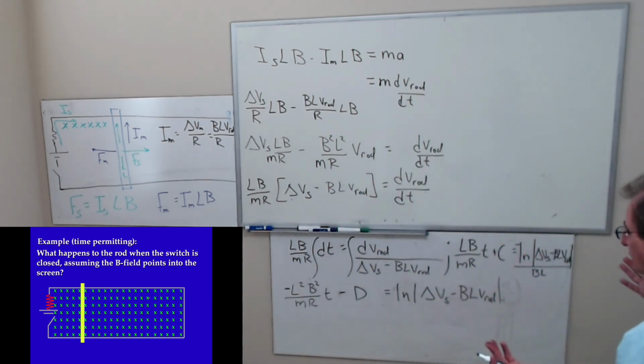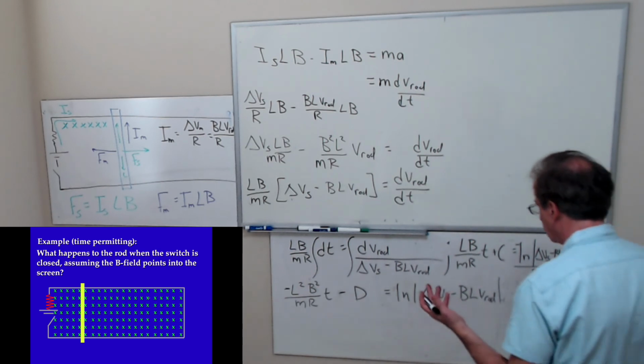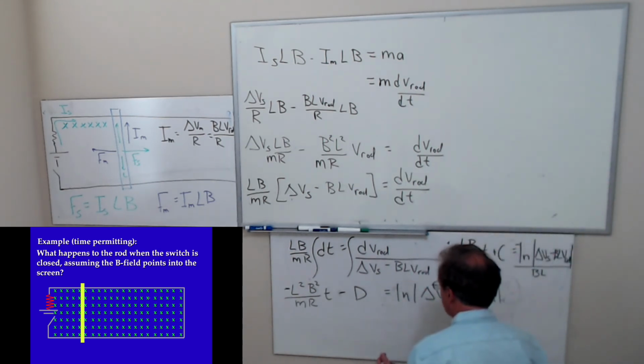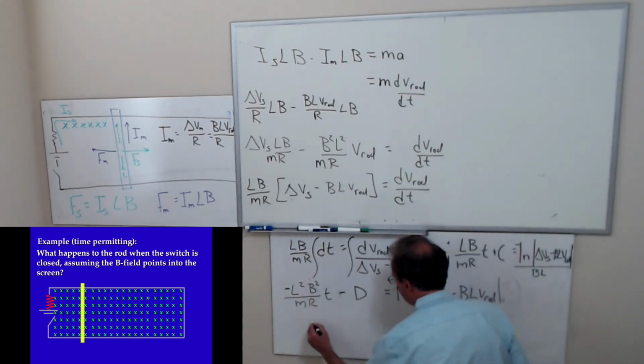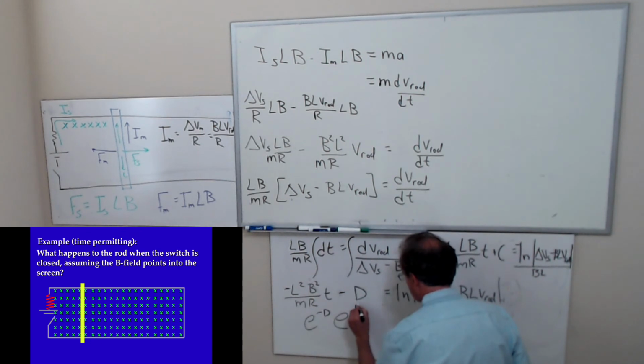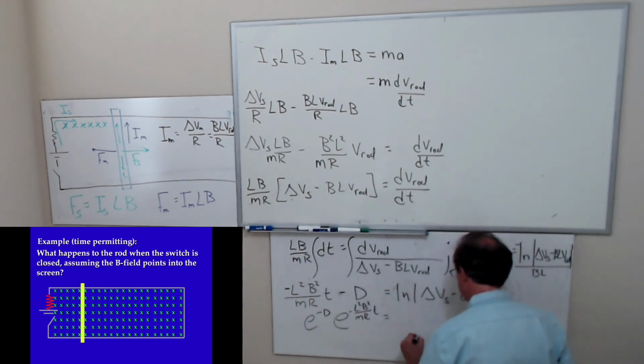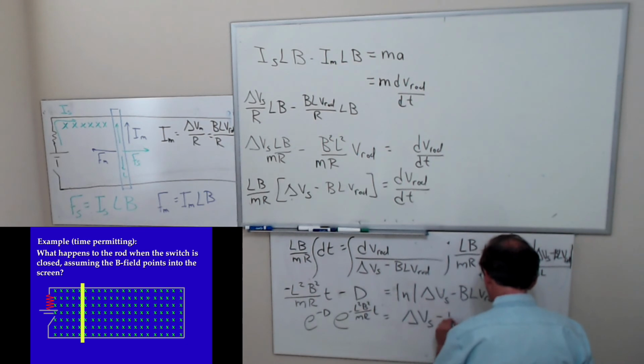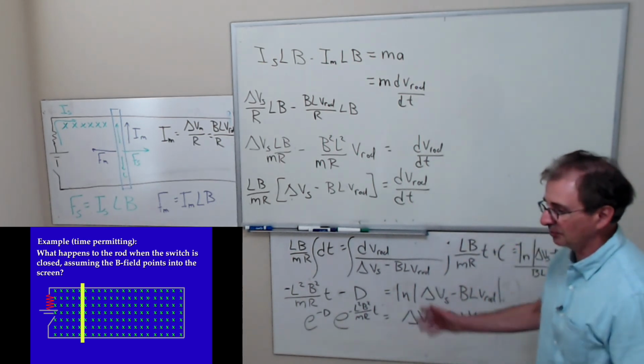And guess what I'm going to do next? I'm going to exponentiate both sides. When I exponentiate both sides, I get e to the minus D, which is a constant. Okay, e to the minus D is a constant.